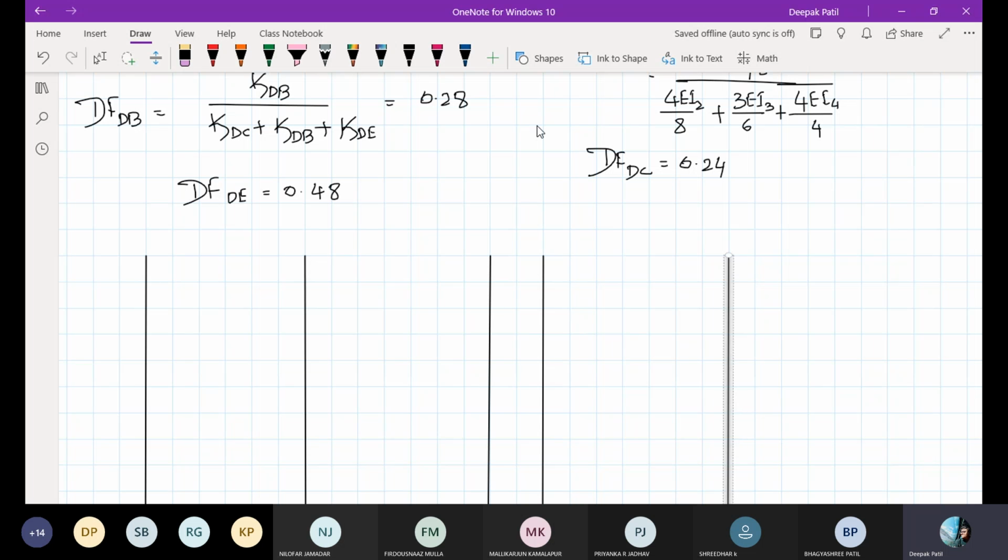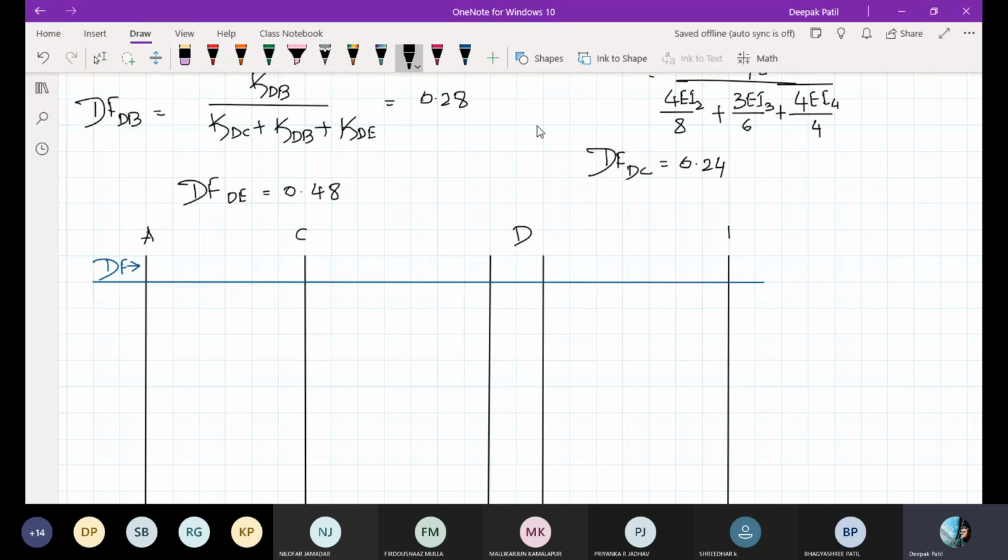Also I'll draw a horizontal line here. So here I'll be writing the distribution factors. So this line is for A, this line is for C, this line is for D, and this line is for E. So this side it represents AC, this side it represents CA, this side it represents DC, this side it represents DC, this one represents DB.